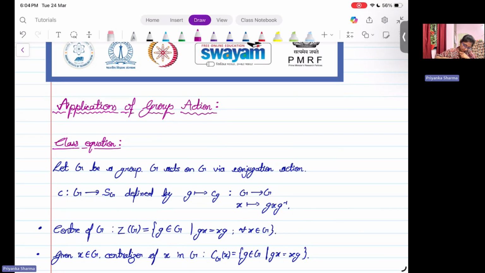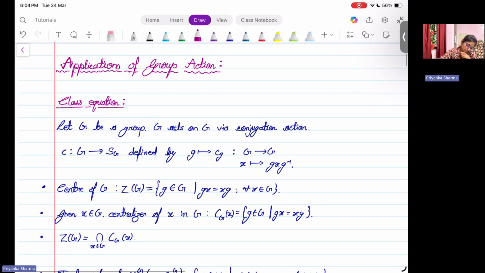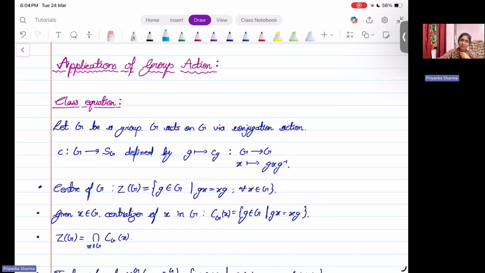So, first of all, I want to recall what a group action is. Whenever we discuss group action, what do we need?